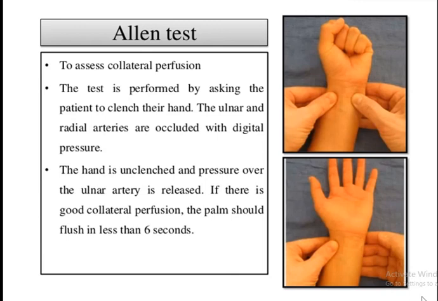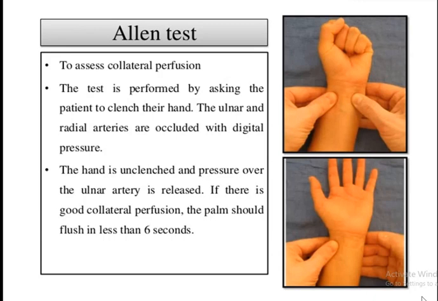Then you see how much time it takes for the palm to become flushed again. Usually it is less than 6 seconds, which means peripheral perfusion is adequate.